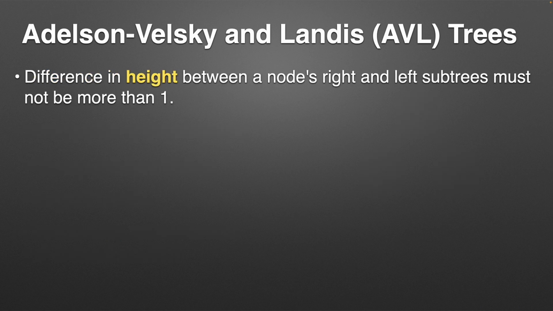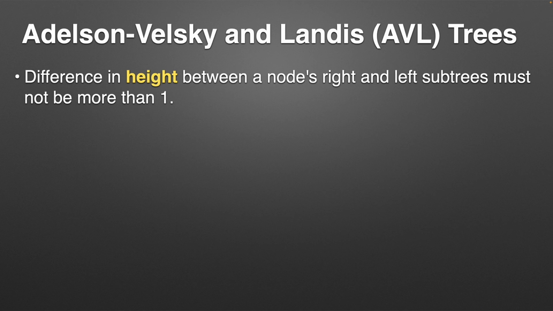So the basic idea of an AVL tree is that we can look at the heights of the subtrees that exist for any node. If we have a node, we can look and see for its children, does it have one child that has a bunch of nodes and one that just has one or none?